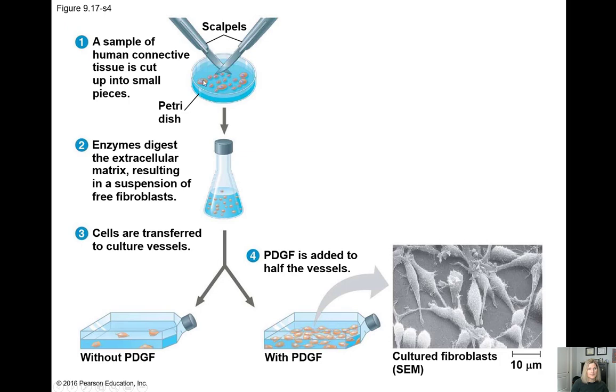You can see here's some cells that have been added to a petri dish. And then basically they've transferred those fibroblast cells to two different growth medias, one that has the growth factor and one that doesn't. And you can see when there's no growth factor, nothing is going to happen. When there is growth factor, that's going to be an external signal to cause the cells to grow.